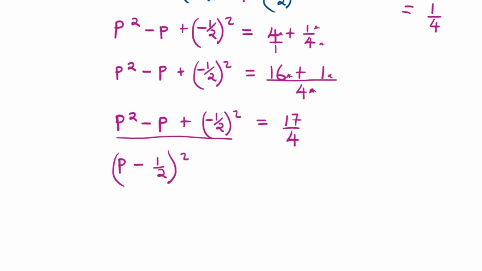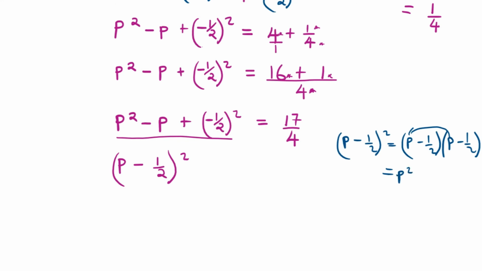We are saying p minus half squared is the same as p minus half times p minus half. Okay, and if we multiply these, we see that p times p will give us p squared. p times negative half is negative half p.